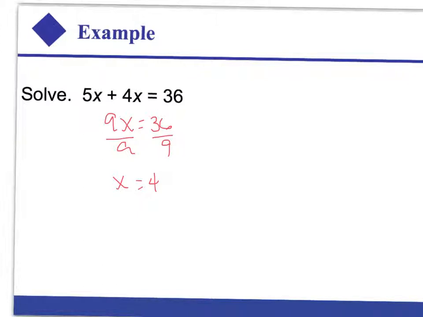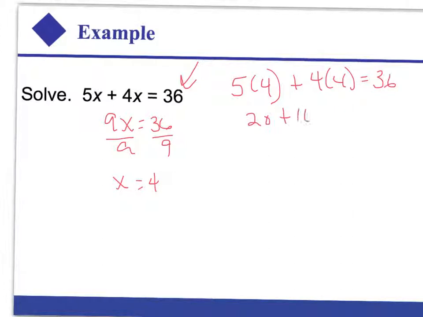I have a tendency to go back to the original equation, that way it's less mistakes. So if I say 5 times 4 plus 4 times 4 equals 36, I get 20 plus 16 equals 36. 36 equals 36. So it does check, so 4 is our solution.